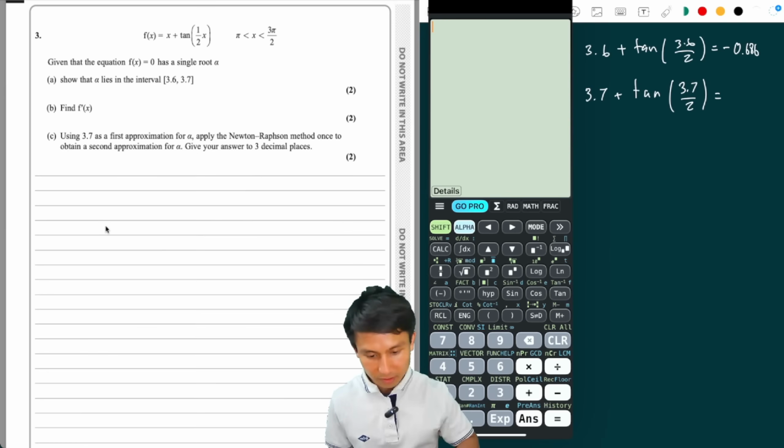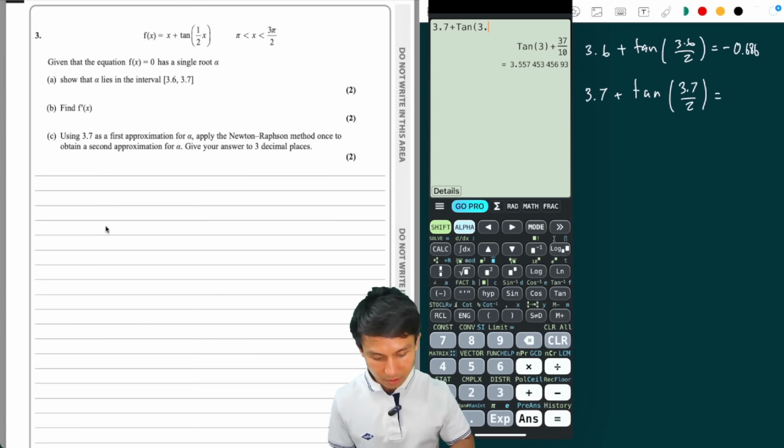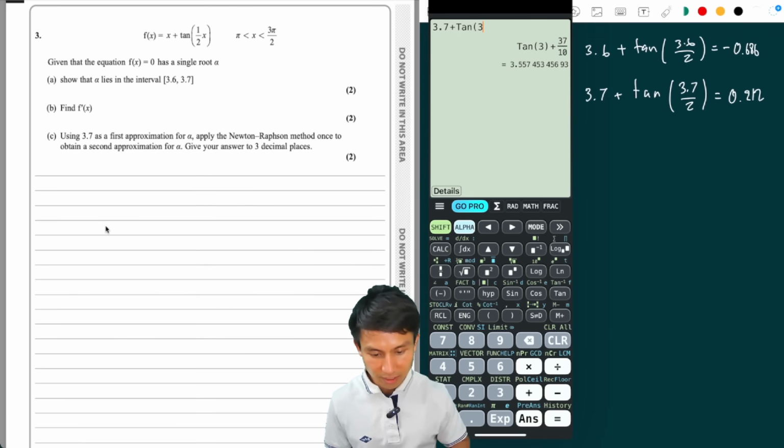And then if I just clear and do it again, oh sorry, it should be divided by 2 as well. Okay, so 0.211212. Here we go.